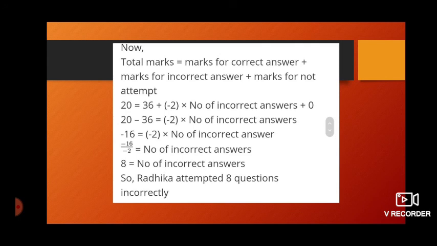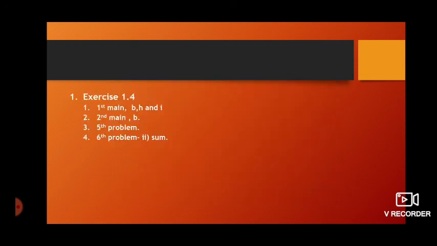Now, minus 2 is in multiplication, so if I send it to the other side of the equal sign, it goes for division. So minus 16 by minus 2. Minus gets cancelled. 2 ones are 2, 2 eights are 16. So the number of incorrect answers is 8. So Radhika attempted 8 questions incorrectly, and that is why she got 20 marks.